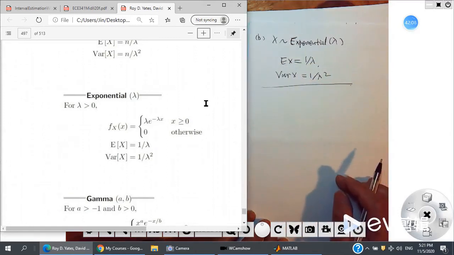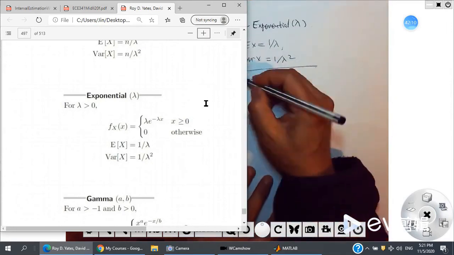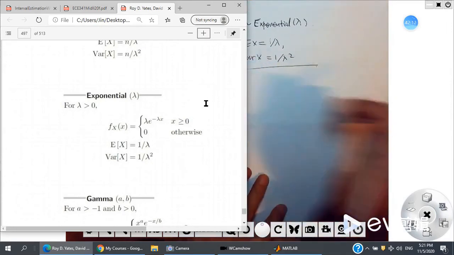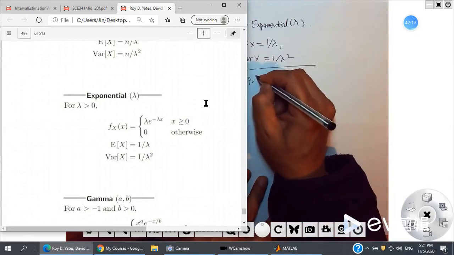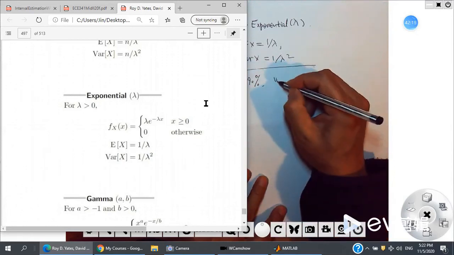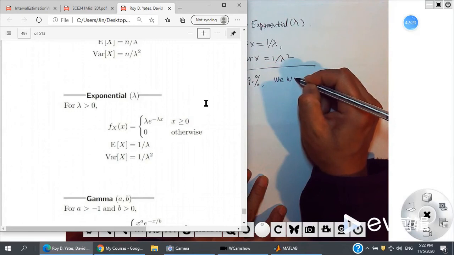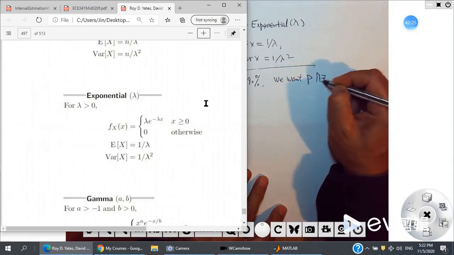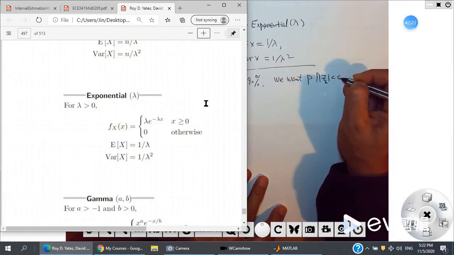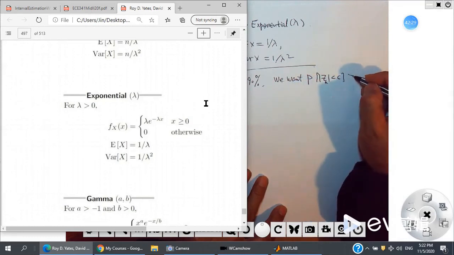So now we still use beta is 90%, right? So we want the probability Zn smaller than C to be equal to 90%.